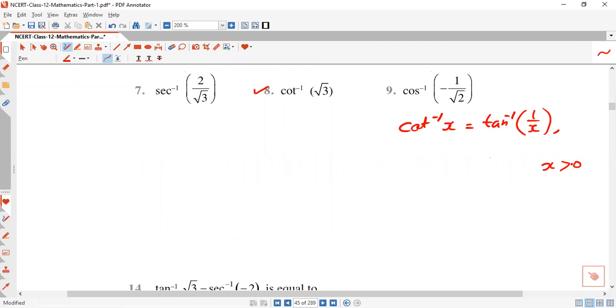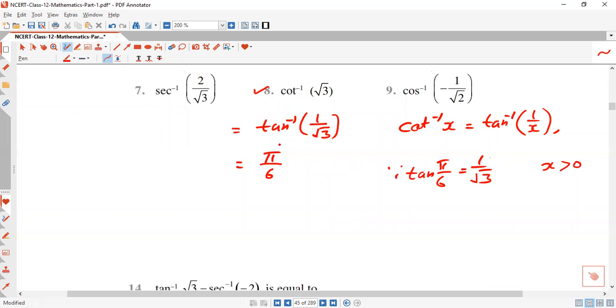X must be greater than 0. Since root 3 is greater than 0, we can apply this formula. So this will be equal to tan inverse 1 upon root 3. You know very well tan pi by 6 equals 1 upon root 3. So the answer will come out pi by 6. This is the principal value.